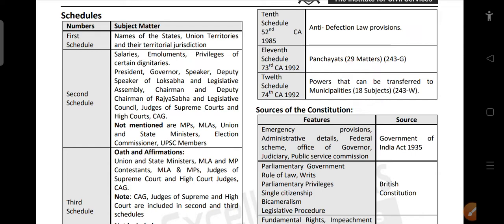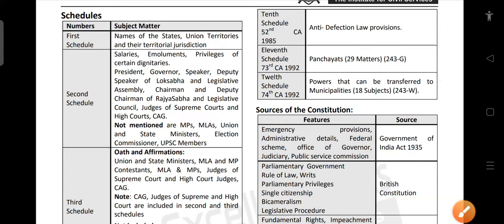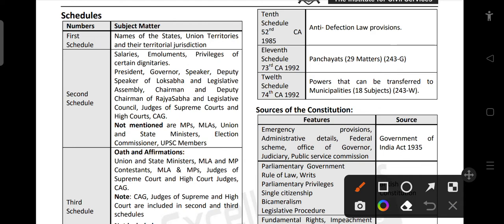Now let us look at the schedules in our Constitution. The first schedule talks about the names of the states, union territories and their territorial jurisdiction. And the second schedule talks about the salary, emoluments and privileges of certain dignitaries.